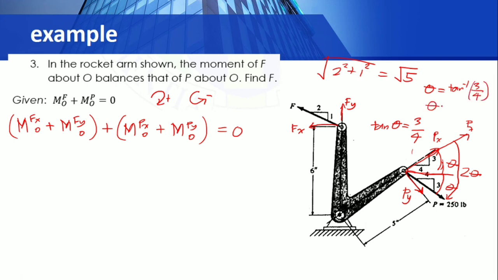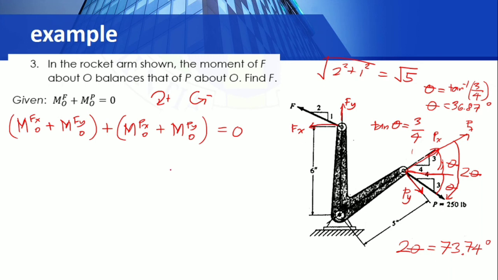So, yung theta natin, that will be equal to 36.87 degrees. Therefore, yung 2 theta natin is equal to 36.87 times 2, that will be 73.74 degrees. Okay?